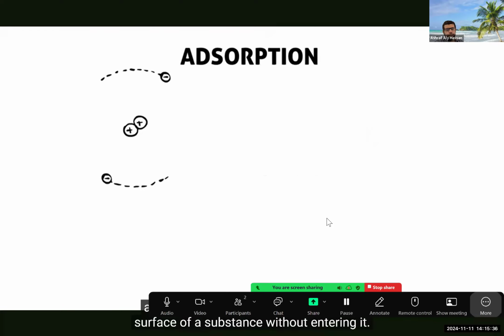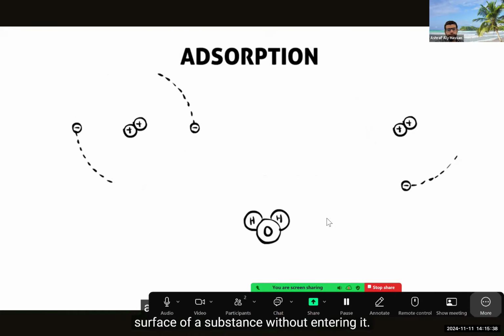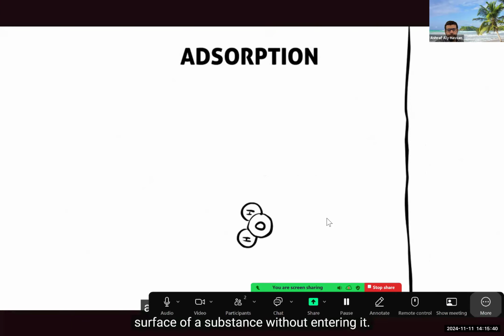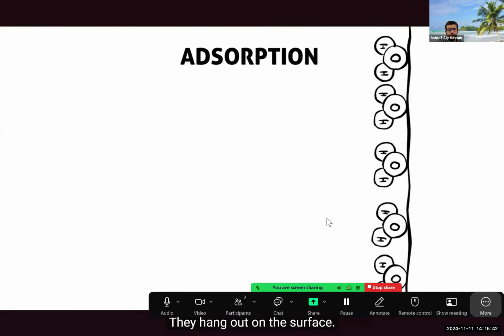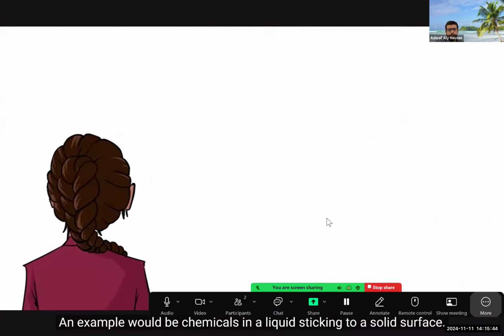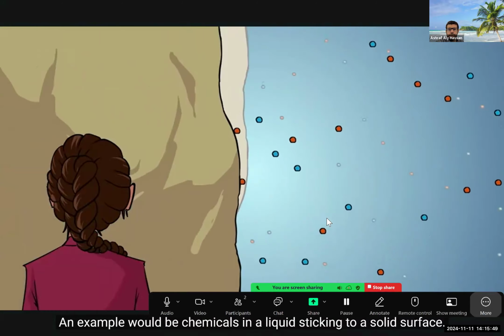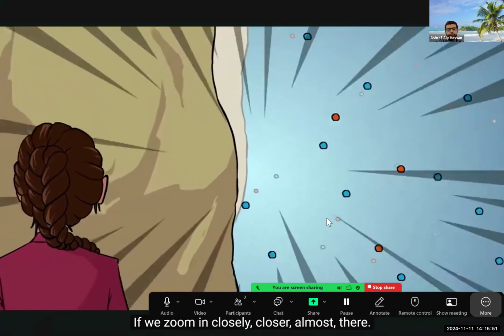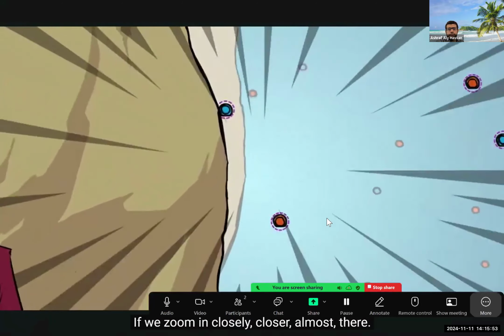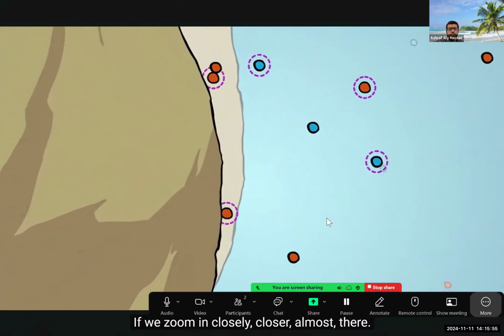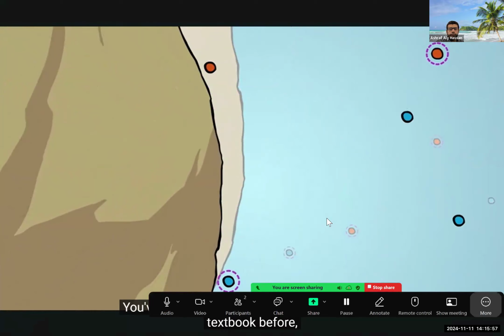Adsorption happens when atoms, ions, or molecules attach to the surface of a substance without entering it. They hang out on the surface. An example would be chemicals in a liquid sticking to a solid surface. If we zoom in closely, closer, almost, there! You've probably seen an image like this in your textbook before.